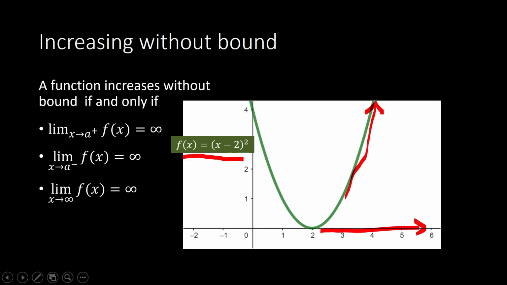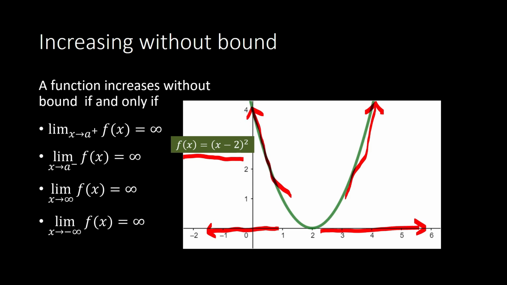It is increasing without bound. And similarly, when your x approaches negative infinity, your function approaches positive infinity. So when you have functions that behave like this, you will say that the function increases without bound.